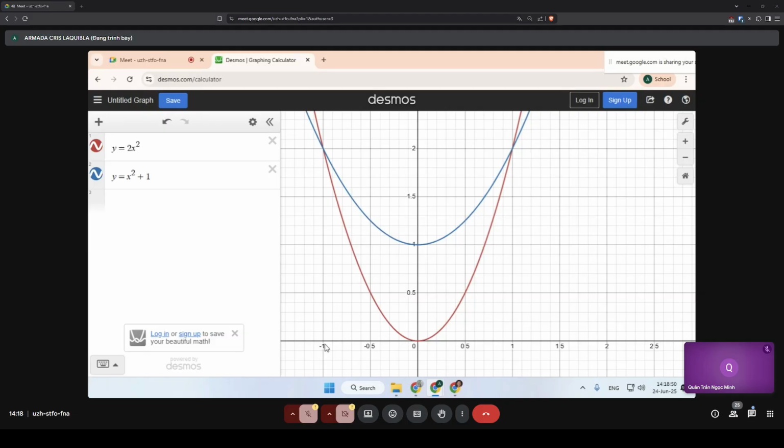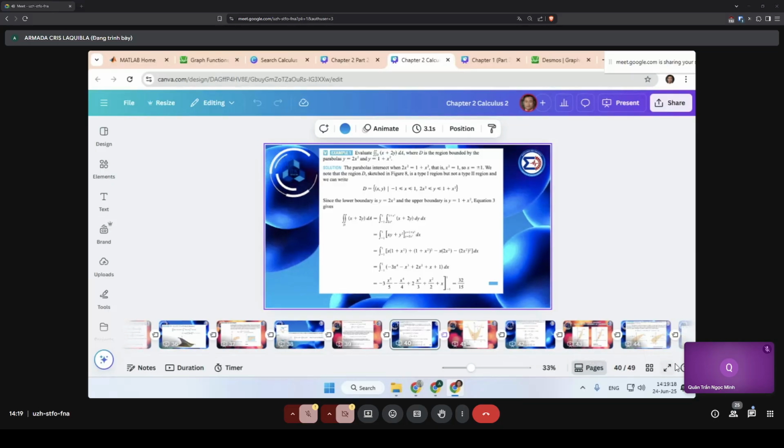So from negative 1, the value at this point is negative 1, and this one is 1. So from negative 1 to 1, as you can see, the blue graph, which is x squared plus 1, is at the top of the 2x squared. The 2x squared is here, the red one. So this one has a smaller number compared to your x squared plus 1.